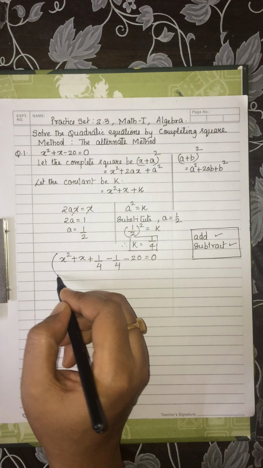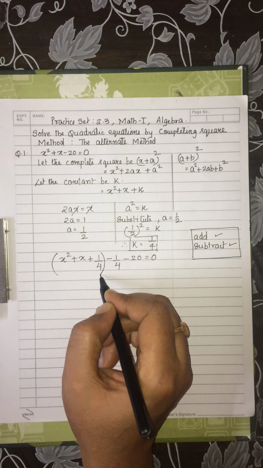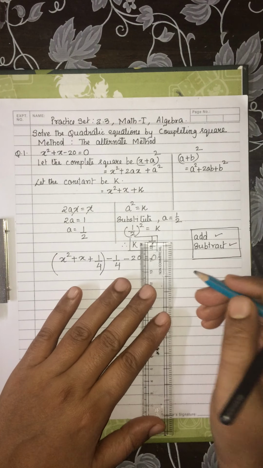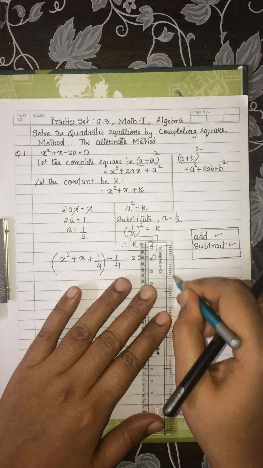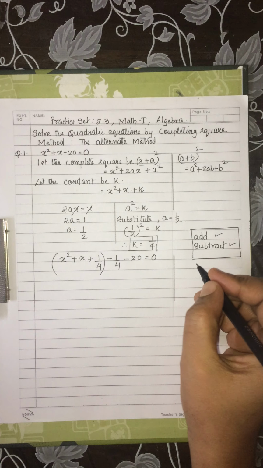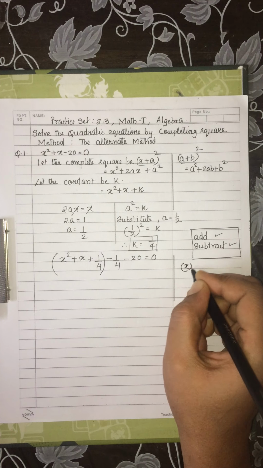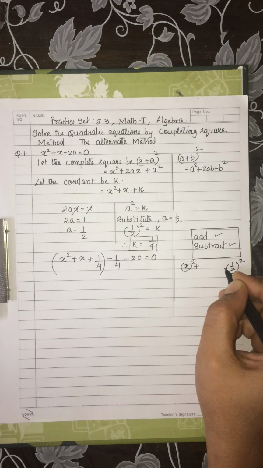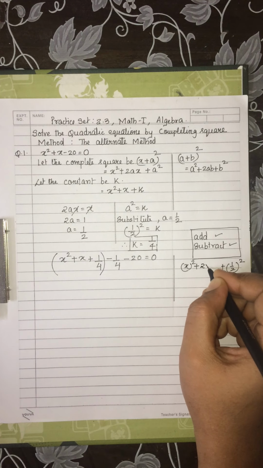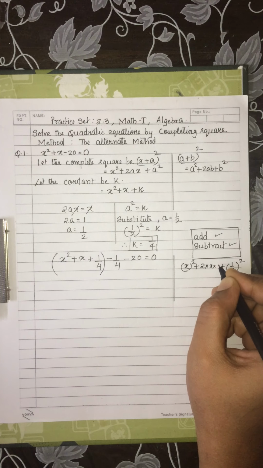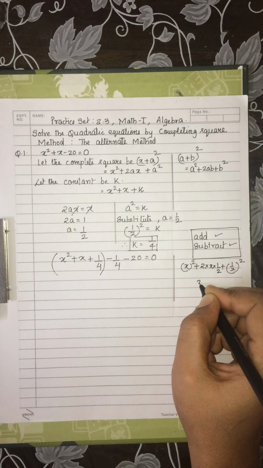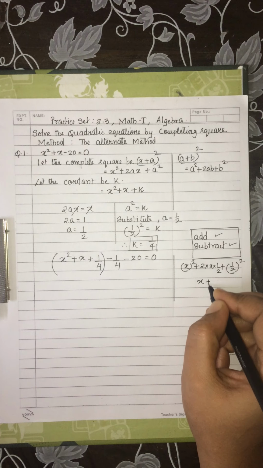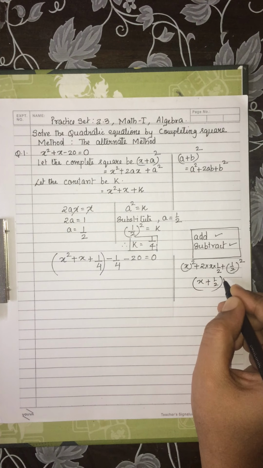Now, the first three terms are giving you a perfect square. How is it? See, x square plus (1 upon 2) square plus 2ab, that gives you a square plus 2ab plus b square gives you (a plus b) the whole square.